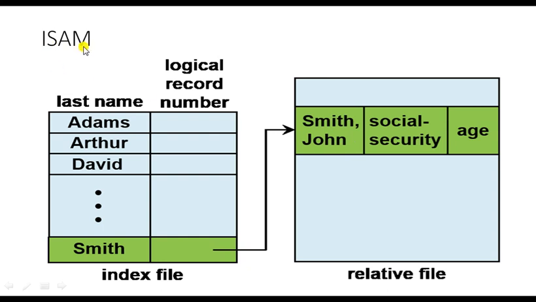So in the indexed sequential access method, the operating system generates one index file. That index file has two attributes: one is last name and the other is logical record number. In this example I am creating the index file using the attribute last name, but you can generate any attribute as the main field in the index file, and based on that attribute you copy the logical record number of that particular content.